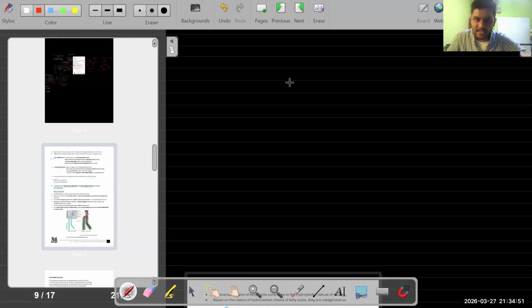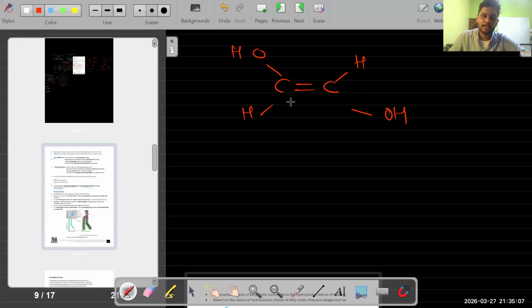So cis and trans means, if you see a double bond, I'll take it like this, right? Now this is a molecule.